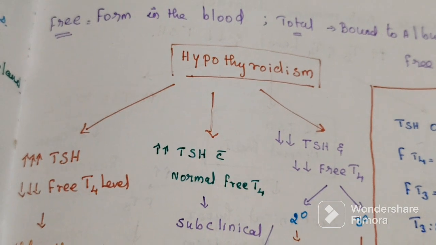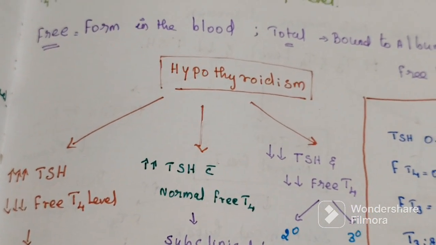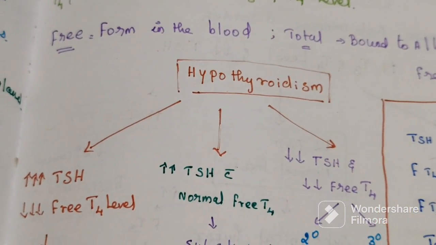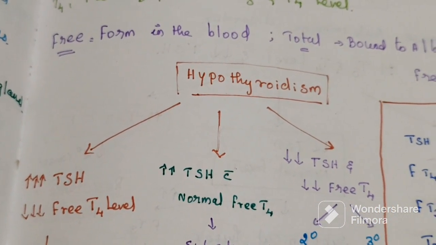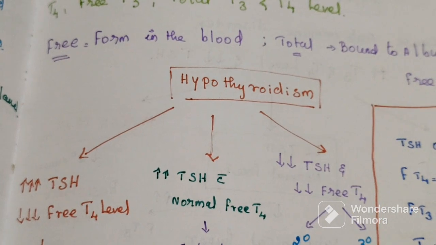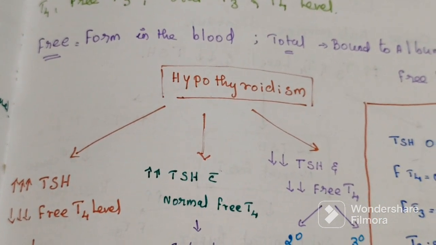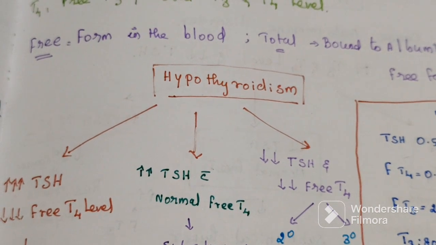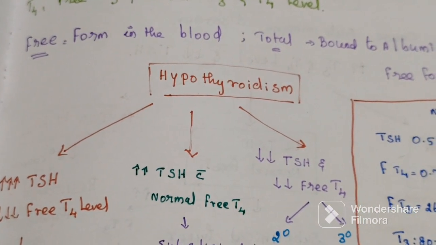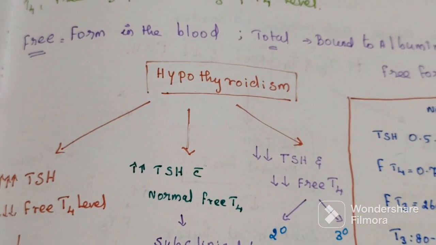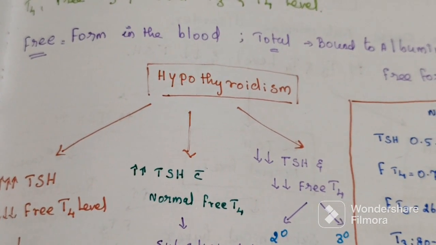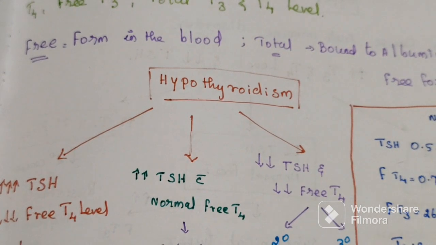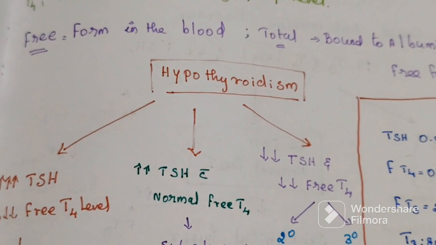Suppose you are suspecting hypothyroidism, if there are symptoms like sluggishness, slow activity, edematous appearance with enlargement of the thyroid gland. The algorithm is like this.